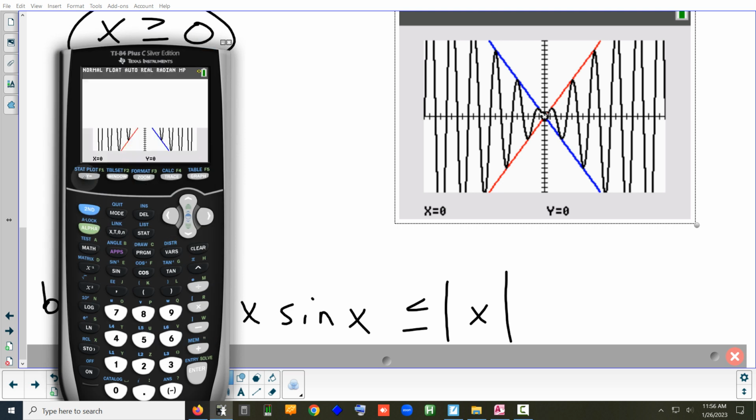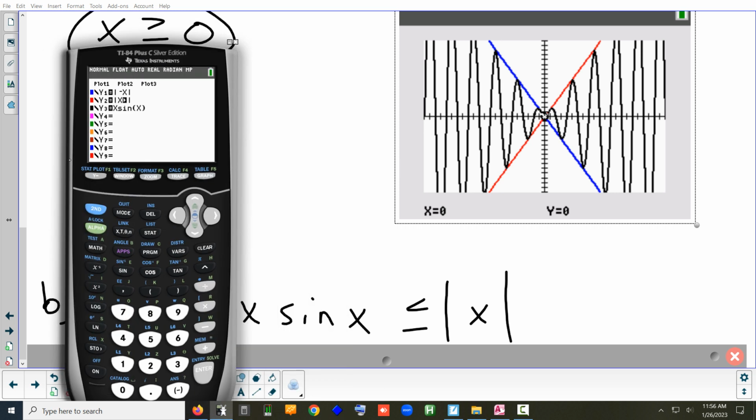So let's take and make this first one absolute value. I guess I just have to type it again. And make the second one absolute value. You put the negative inside.